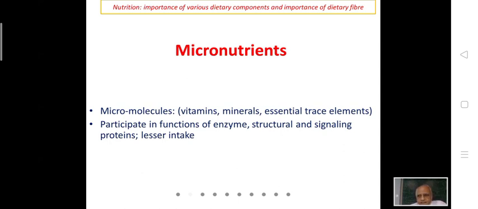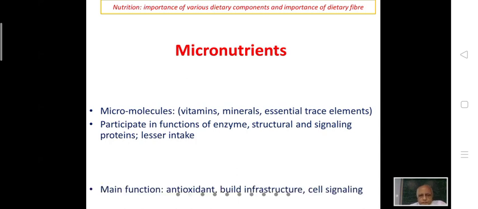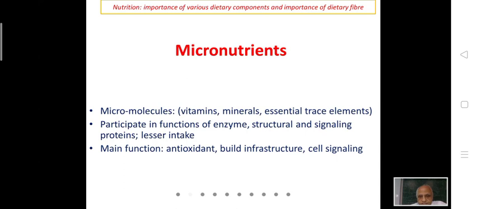So their lesser intake is needed. Main function of these micronutrients is whether they work as antioxidant. They build infrastructure. For example, zinc. Zinc changes the structure of the protein to make it to work as a good transcription factor. Cell signaling.